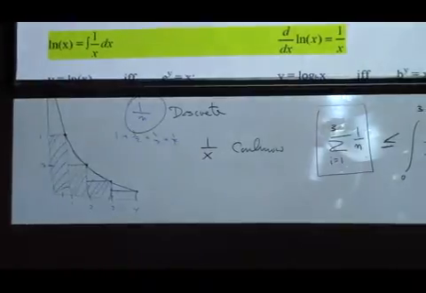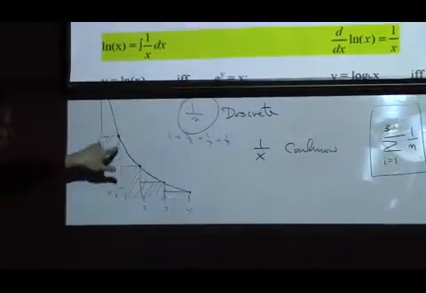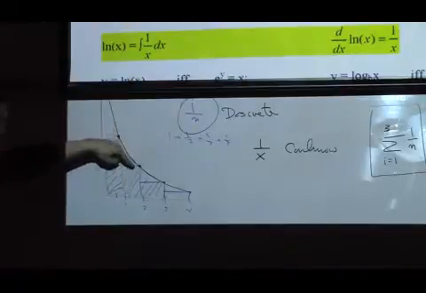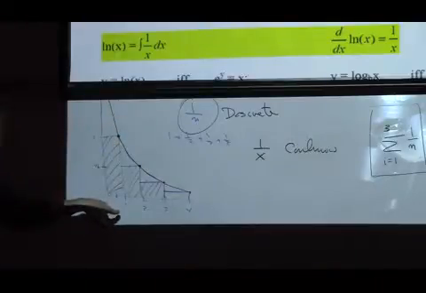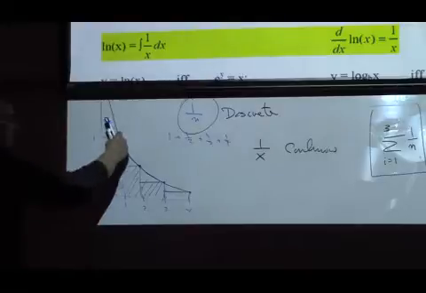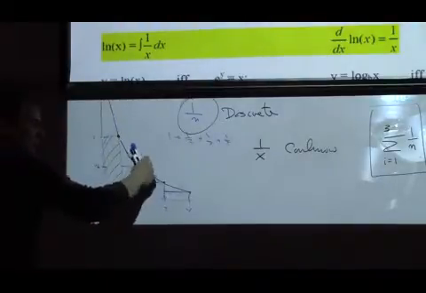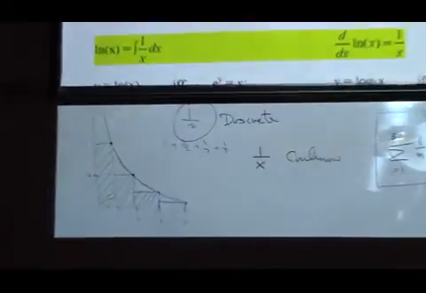Well, I would notice that this rectangle at 1 is 1, and here the continuous is at 1, but then it's a little bit less. So this one is a little bit less than that one. So therefore, if I compare this part to this, it's less. If I compare this part to this, it's less. And this part to this, it's less.